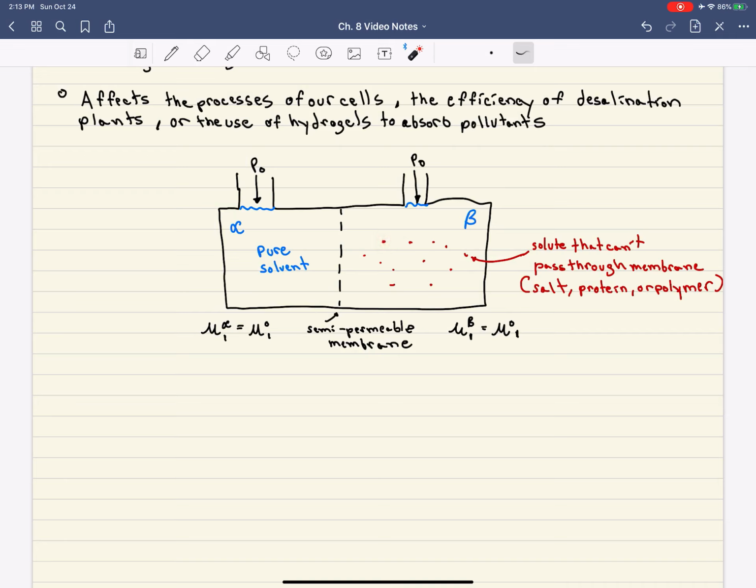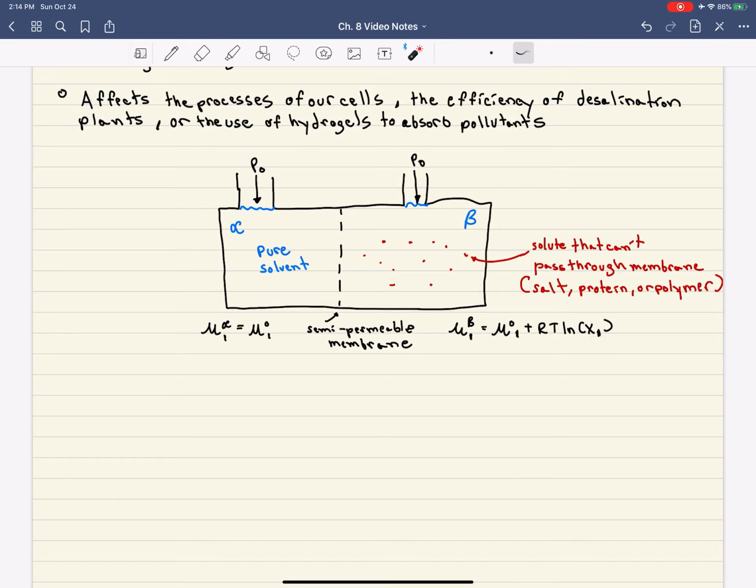In any case, when we add solute to the beta compartment, we're going to change its chemical potential. Instead of being just equal to the pure species, it's now going to have an RT ln X1 term there, where once again X1 refers to the solvent.